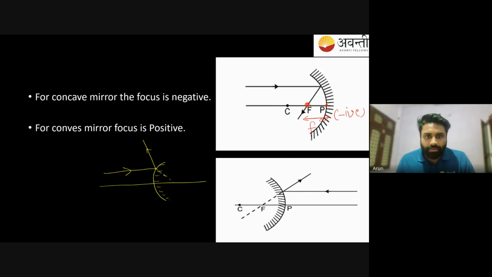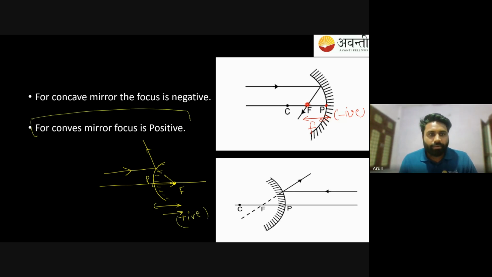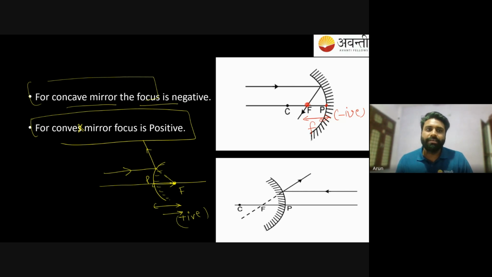If we try to draw its path backward, it will strike at this point. This is the F. This F is measured from the pole P, and this distance is measured in the direction of the incident ray, so it will be considered positive. So for convex mirror, focus is positive, and for concave mirror, focus is negative.